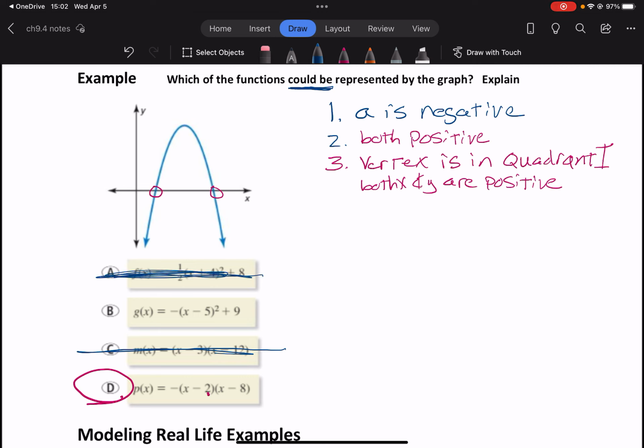Let's look at B. The negative 5 here becomes a positive 5. This vertex is 5, 9. This one will work.